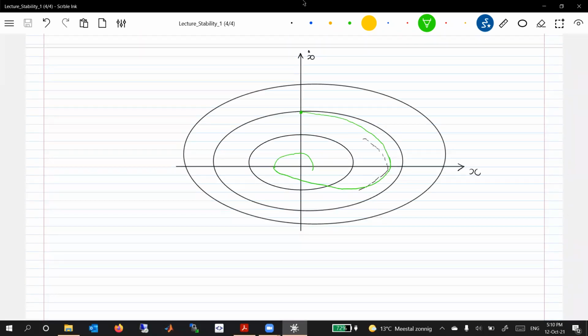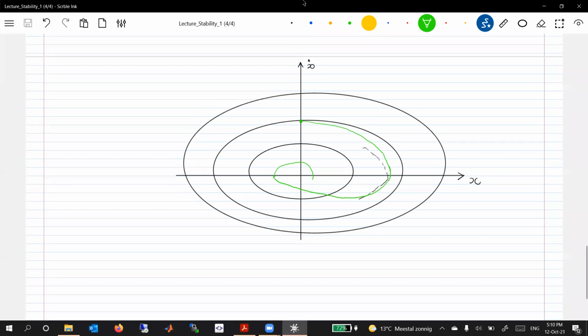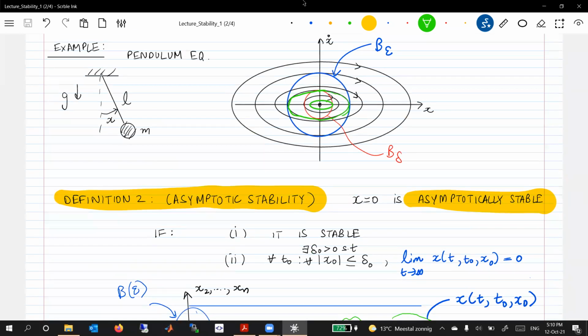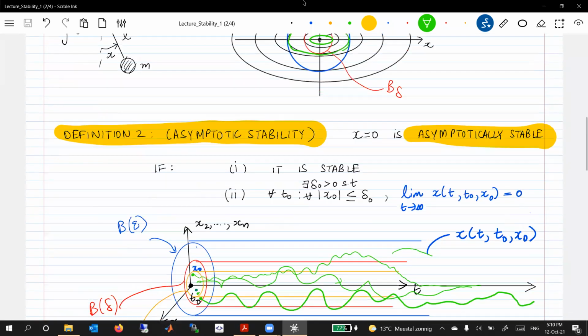Because the same logic applies. I can still pick any initial condition, and just like the previous case, we would be able to find for any epsilon a delta, the red ball, such that any initial condition which starts here would spiral inwards. It would only go in and stay inside the blue ball always.